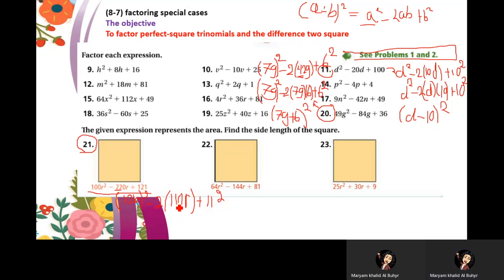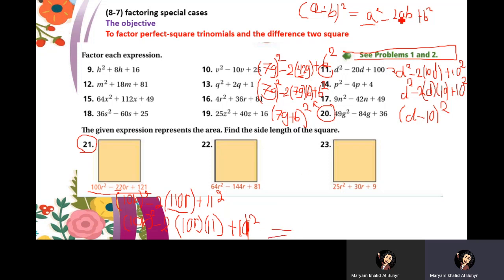Now, you can also play with this part. So I will rewrite this 10r all this to the power 2, minus 2 times 10r times 11. Isn't it going to give you 110? Yes, it will give you, and that's what I need. I just changed the order. I wrote 10r, then I wrote the 11 here, 11 to the power 2.